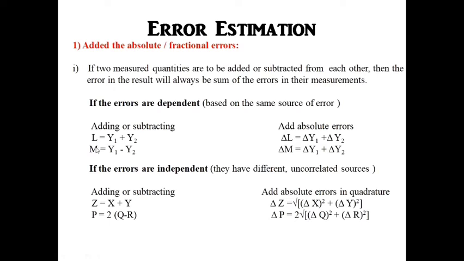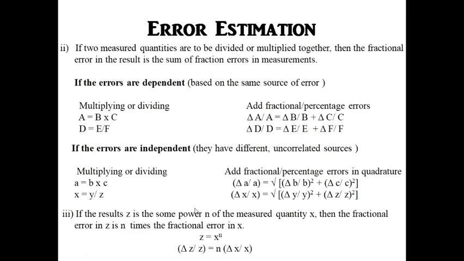You will calculate the values of L and M with the help of y1 and y2. For the summation and subtraction, in the error you will add the absolute errors in both cases. Similarly, for independent sources, you will add the absolute errors in quadrature, like that.